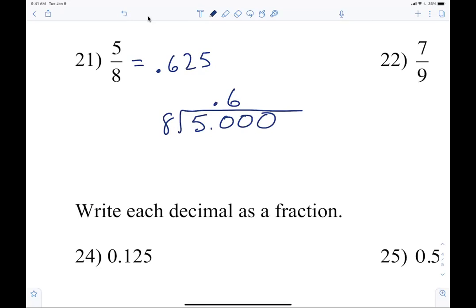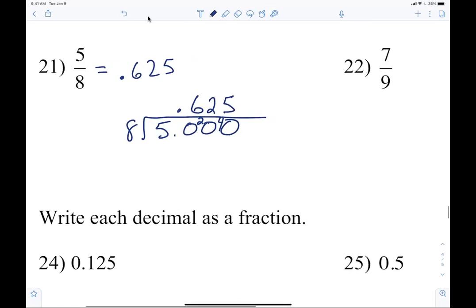Now notice I'm putting a 2 right up here in the corner. 8 goes into 20, 2 times. How many left over? 4. Notice where I put the 4. 8 goes into 40, 5 times. That's just in case you forgot. 0.625.